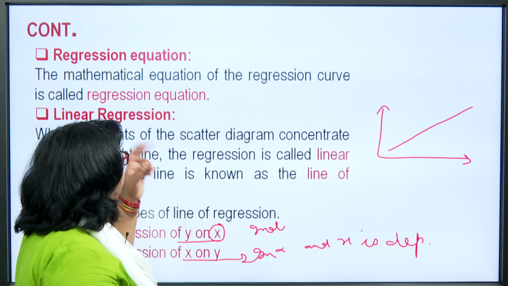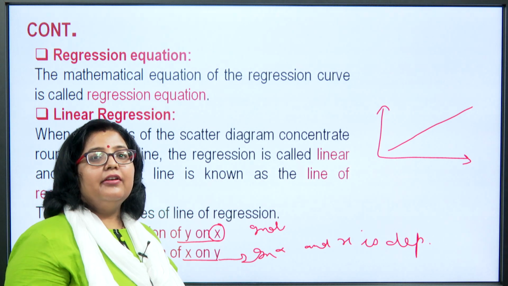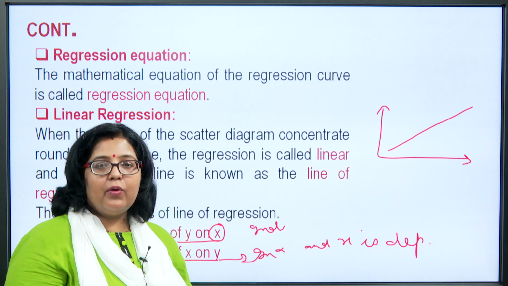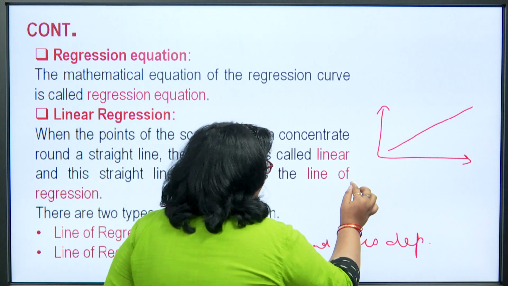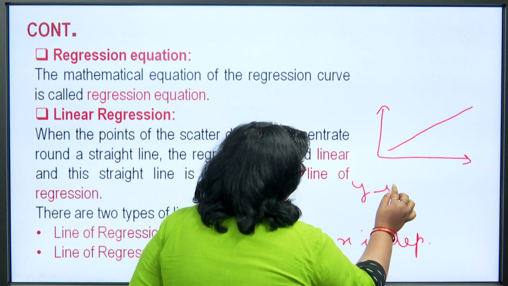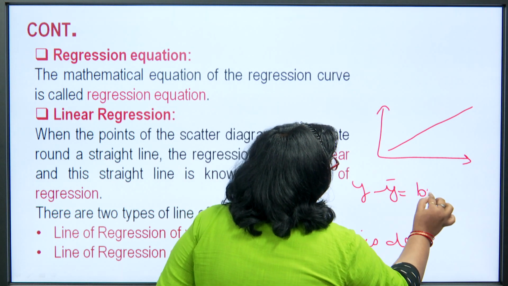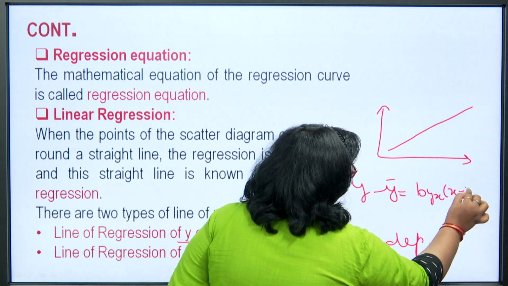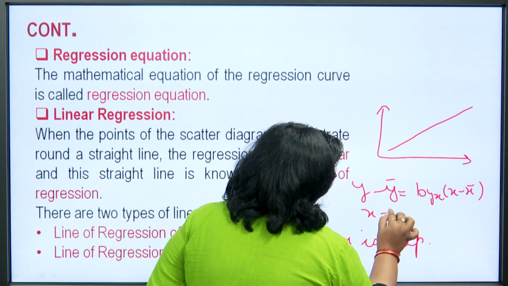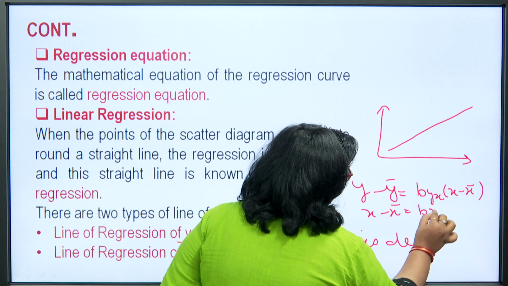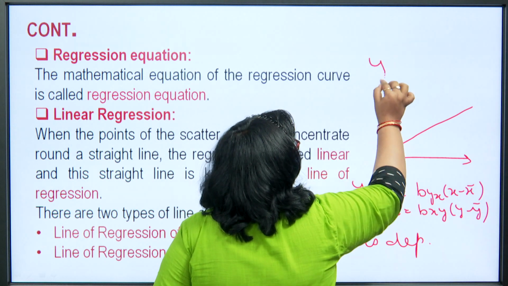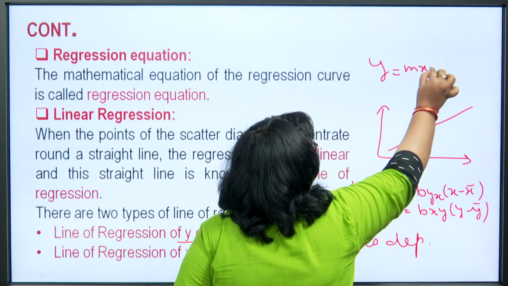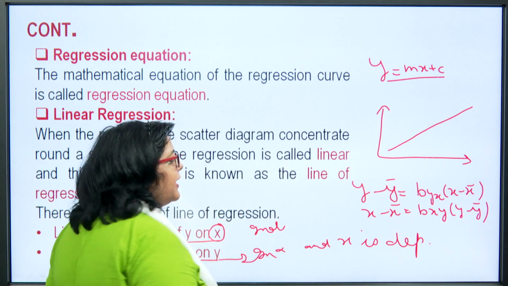After this, find what linear regression is. Linear regression is the equation of a straight line. Here we find the line of regression y on x and x on y. It is simple because in previous study we had y is equal to mx plus c as the equation of a straight line.